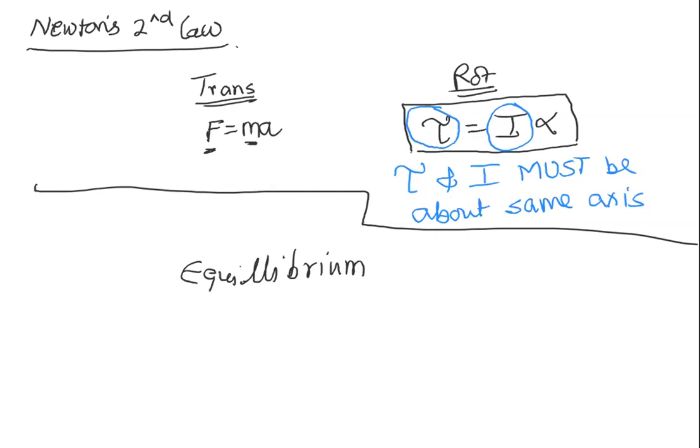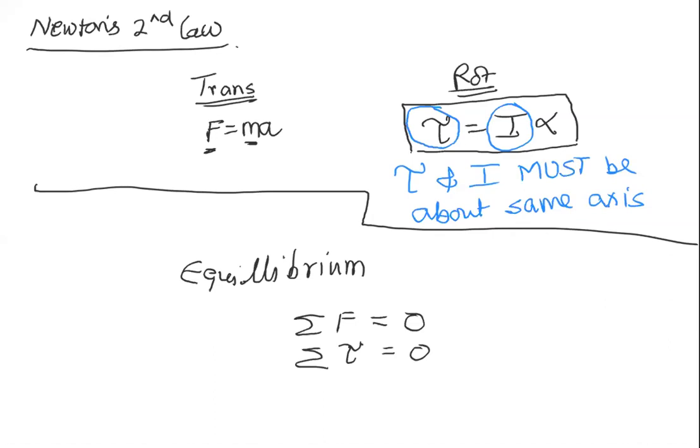In this equilibrium, what happens is that summation of forces is zero. We've already seen this. But in mechanics now, when we are dealing with rigid bodies, equilibrium would imply that not only summation of forces is zero, but also the summation of torque is zero. Okay? Then we would have equilibrium.